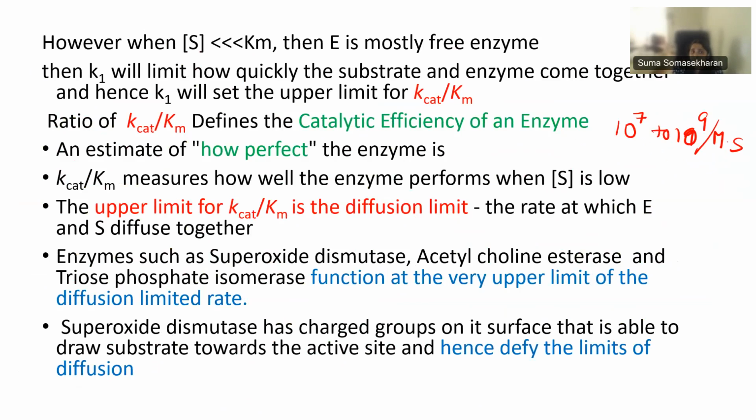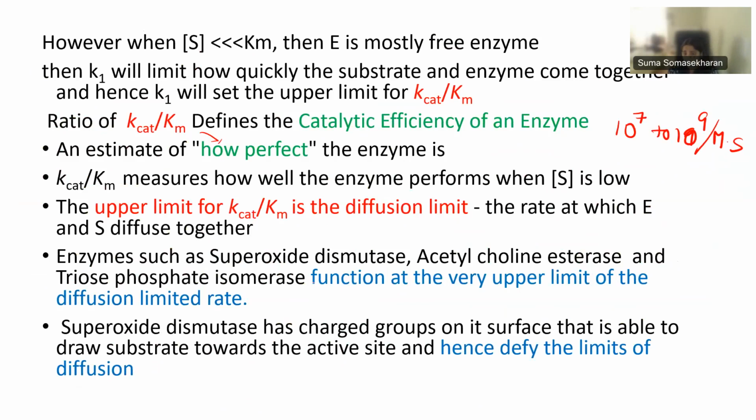So Kcat over Km is an estimate of how perfect the enzyme is. We call them catalytically perfect because every time the substrate diffuses to the active site of the enzyme, it is going to be converted into product.